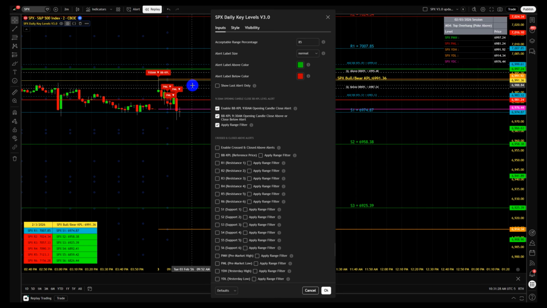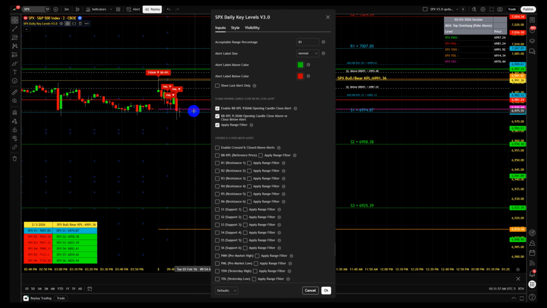And depending on the chart time frame you're using, if you were using a 1-minute chart or 2-minute chart or 3-minute chart, sometimes, and the reason that we have this update is that without this feature, you can have a whole bunch of alerts of the same level happening right in a row, and it can create a lot of clutter on your screen.